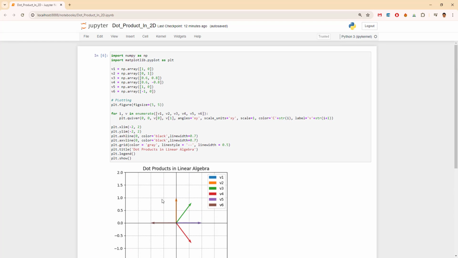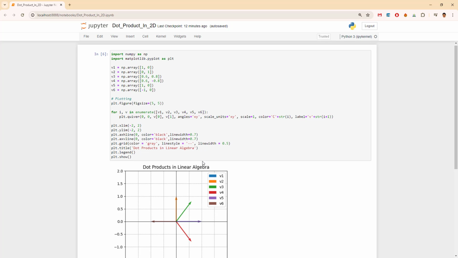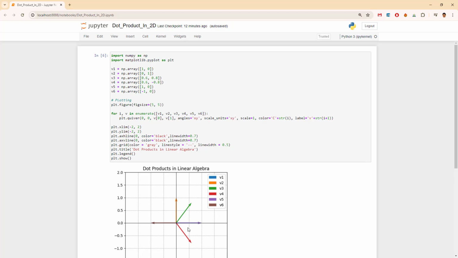So what exactly happened? Pretty much we can calculate 0.6 times 0.6, and we can calculate it with 0.8 times minus 0.8. This is how we do it: x from this one times x from this one, y from this one times y from that one.